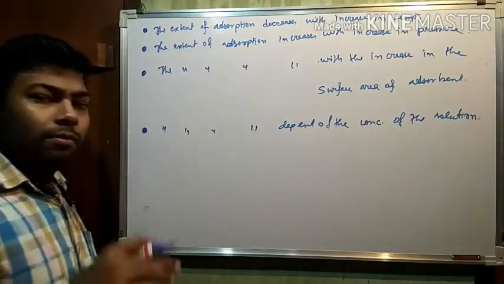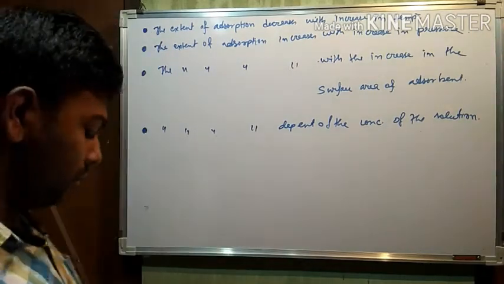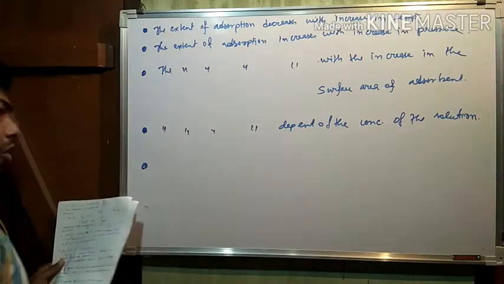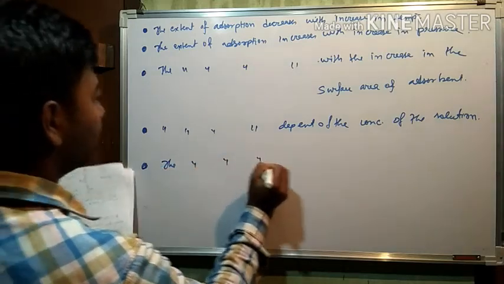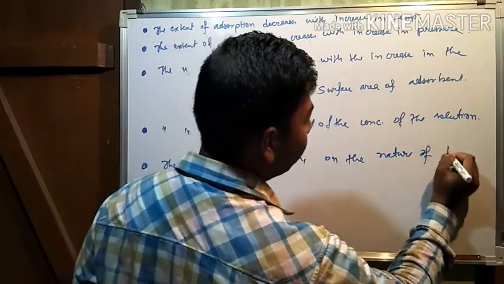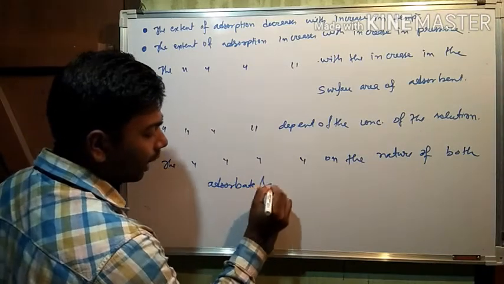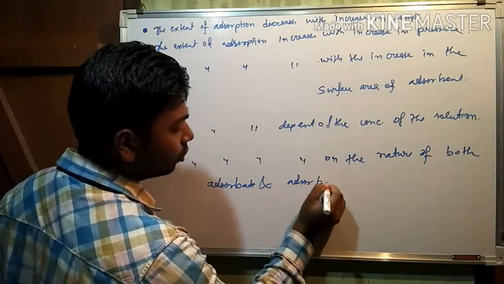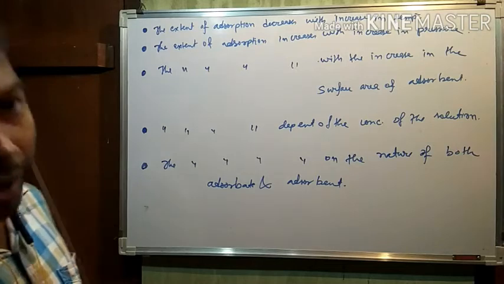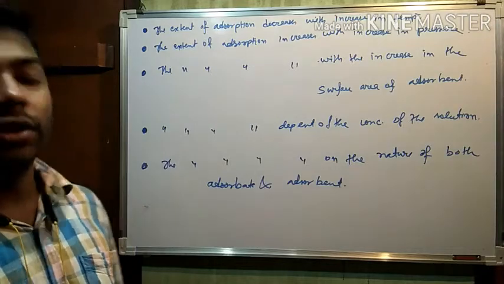If we give a more concentrated solution, the adsorption will obviously be more. Next, an important point is the extent of adsorption depends on the nature of both adsorbate as well as adsorbent. Depending on the nature of the adsorbate and adsorbent, we can see the adsorption process varying.